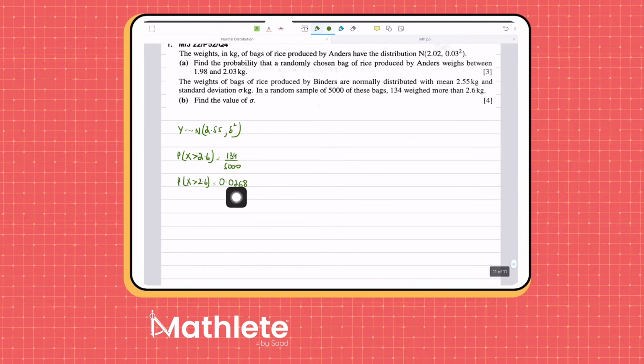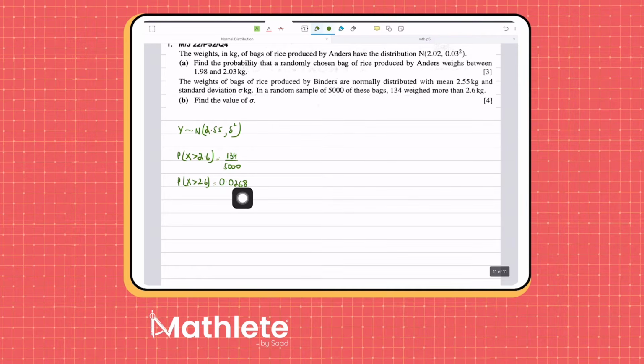The way that we got this probability was through the z-score. So, first thing we need to do is, although this is the probability of x being greater than 2.6, this probability has come as a result of reading the z value, which came from 2.6 being converted to the z value.